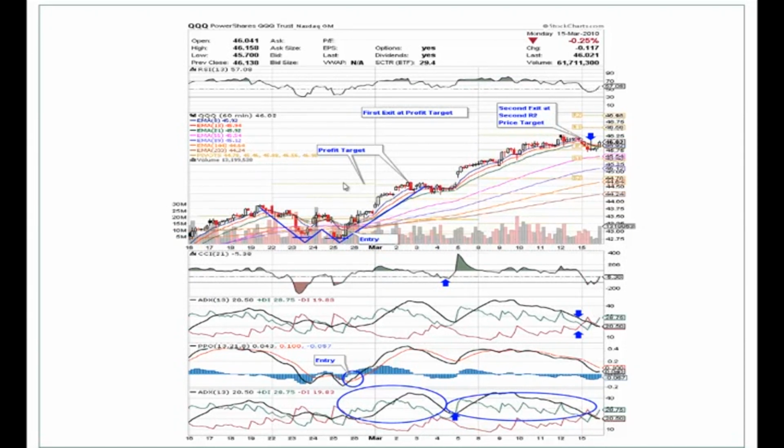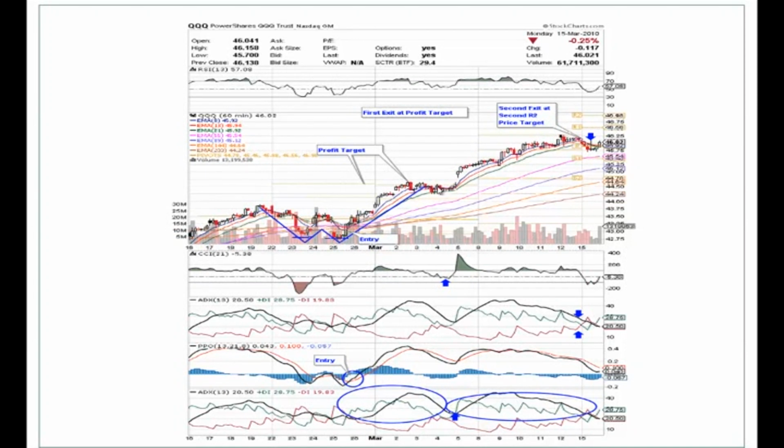You could also say that it was the R1 level, and as it moved through and went up and hit that level, that actually is where it kind of flattened out. And so you could have exited right here because it hit your profit level, and rather than have your money tied up in whatever was going to happen next here, you could have exited at that point.